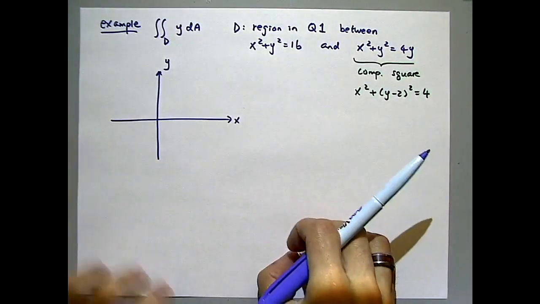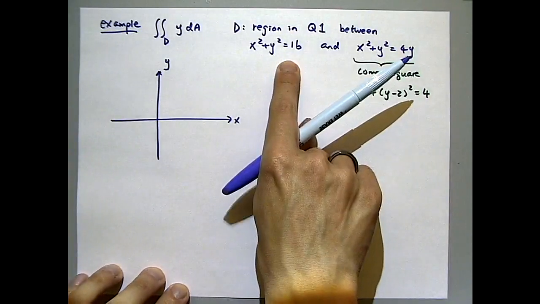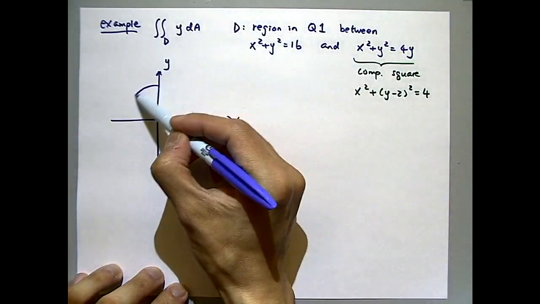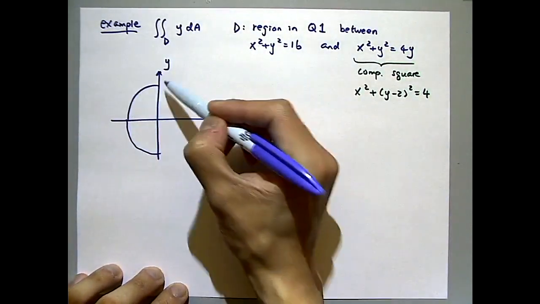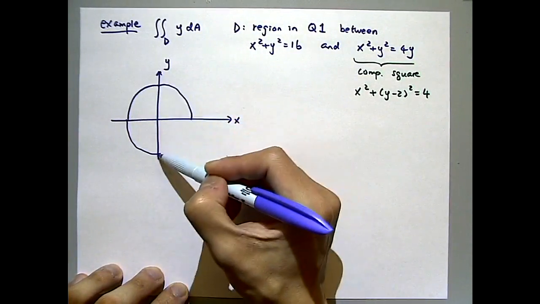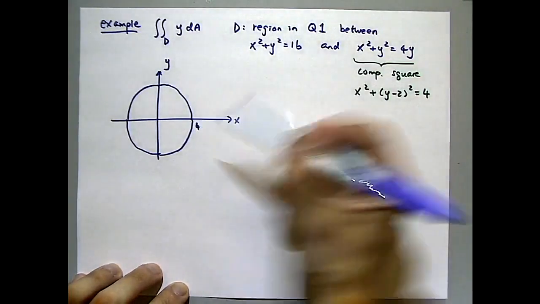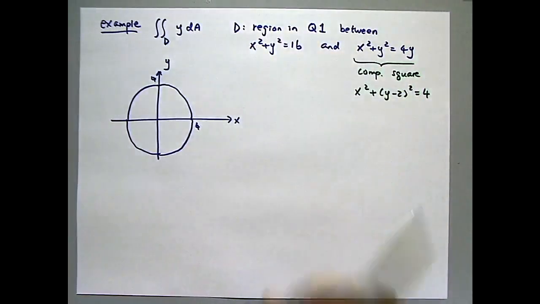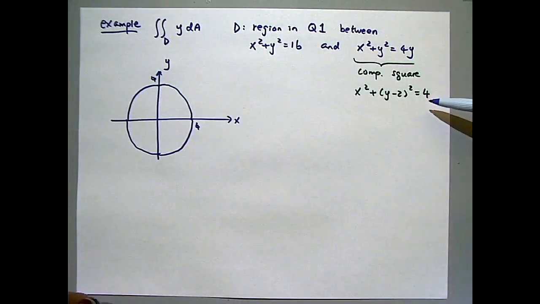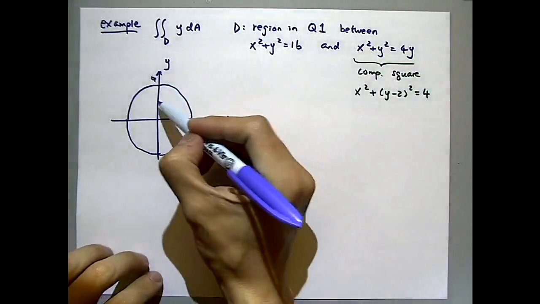So let's check out what's going on here. Big circle, radius 4. That's a beautiful circle, if I say so myself. The other one is centered on (0, 2), so the center is right here.